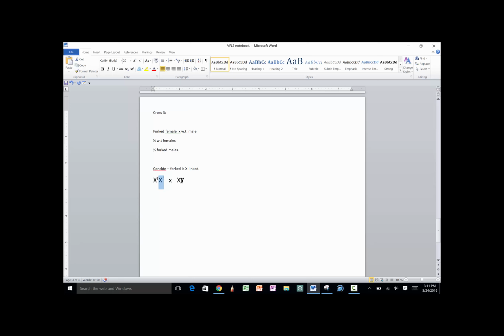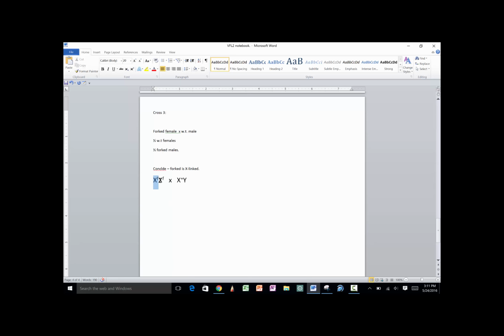For this, I'm going to use this designation, just because it gets hard to see the difference between a little f and a big F. So we're going to say the wild type allele for the forked locus is plus. Okay. Now, if we cross these two, what do we get?